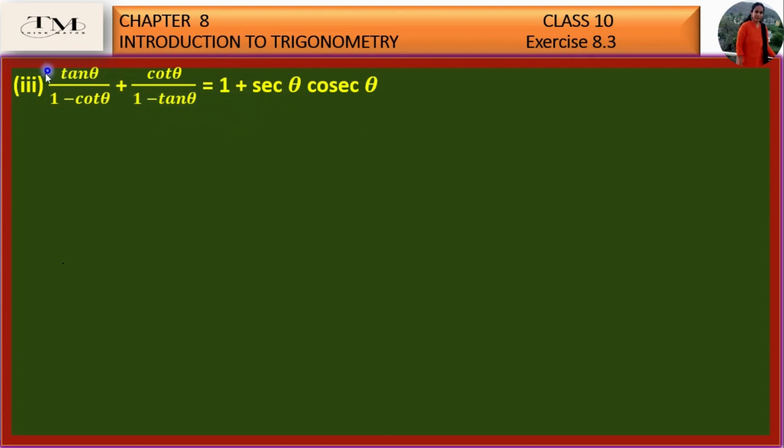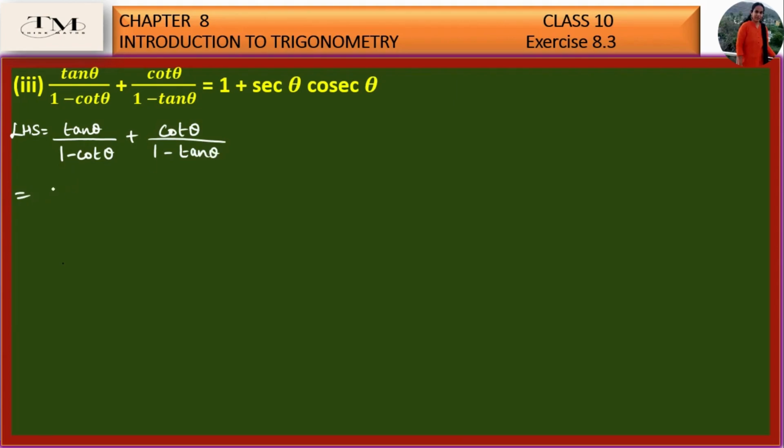Okay. First part is we have to simplify LHS. So LHS is equal to tan theta divided by 1 minus cot theta plus cot theta divided by 1 minus tan theta. Now what is tan theta?